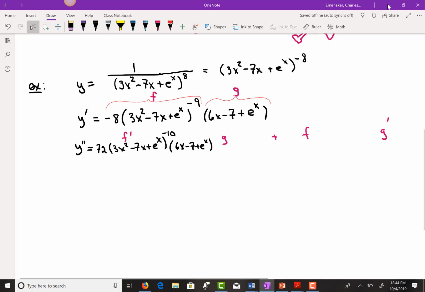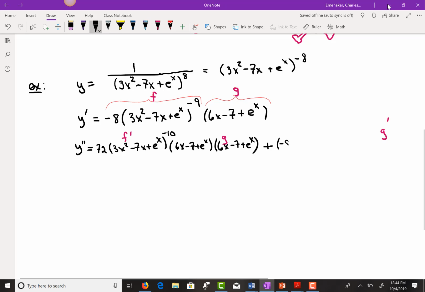Times g. Which is going to be, have we seen this before? 6x minus 7 plus e to the x? Yeah. So there's the first part. Is that the whole product rule done? Nope, that's just the first half of it. Plus, then we need to just write down what f is.